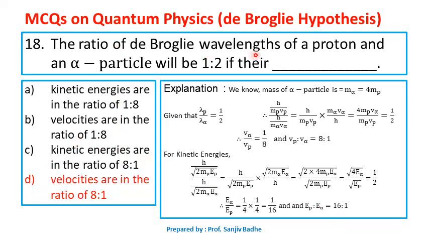The ratio of de-Broglie wavelengths of proton and alpha particle, if it is 1 by 2, then the ratio of their velocities must be 8 is to 1.